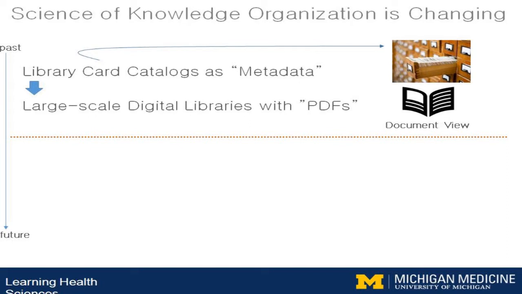Nevertheless, even though we've gone from something on paper to something electronic, in the digital library community, this is still thought of as the document orientation or the document view. The documents have gone from paper into electronic form in many cases, but we're still thinking about managing documents in a particular way in library science and information science.